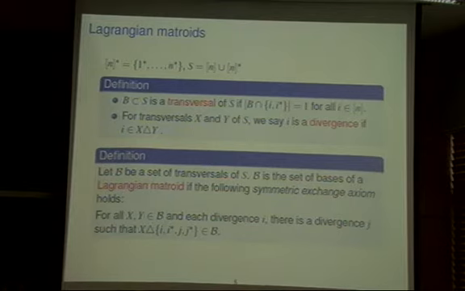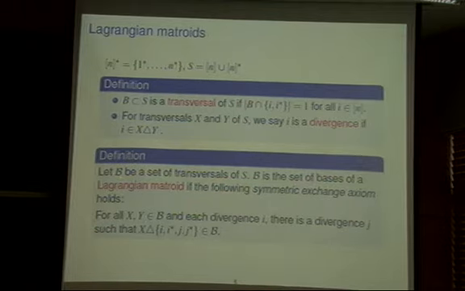If you're a matroid person, this isn't scaring you, but I just want to make sure you have to fix a collection of the transversals in advance. So when is this set of transversals going to be considered a Lagrangian matroid? It will be considered a Lagrangian matroid if the following thing happens for any pair of transversals that you pick out of here.